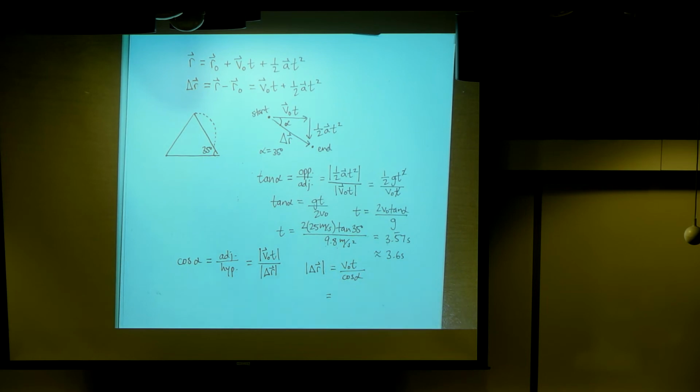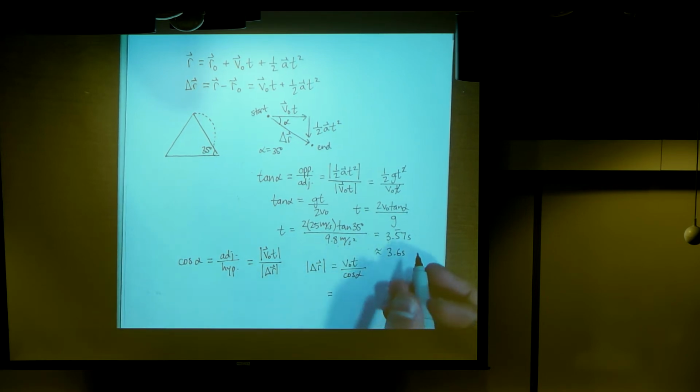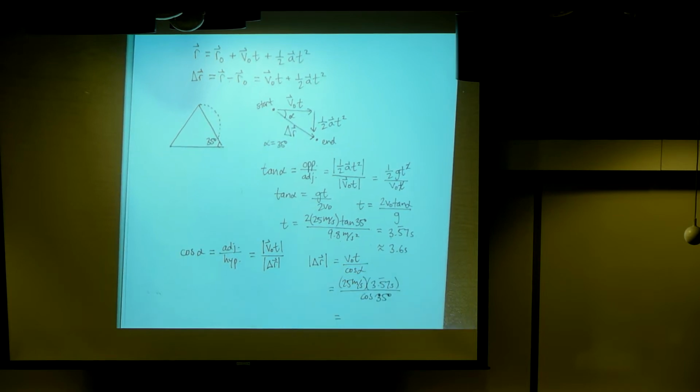So we now know the time that's relevant here, so we can actually solve for this. For v naught, again, we have 25 meters per second. For the time, we have 3.57 seconds. And then we'll divide that by cosine of alpha, which again is 35 degrees. Can someone tell me what this works out to?